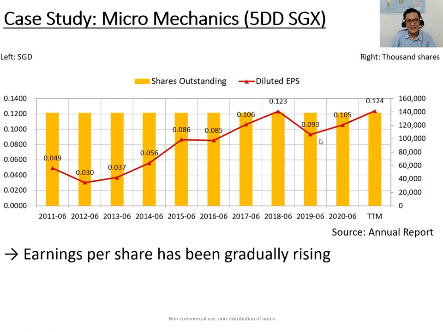If you look at the company earnings per share (EPS) trend, it is also rising. So it means the company is actually doing well in its business, either by gaining market shares or raising the price of the goods the company sells to the customer.